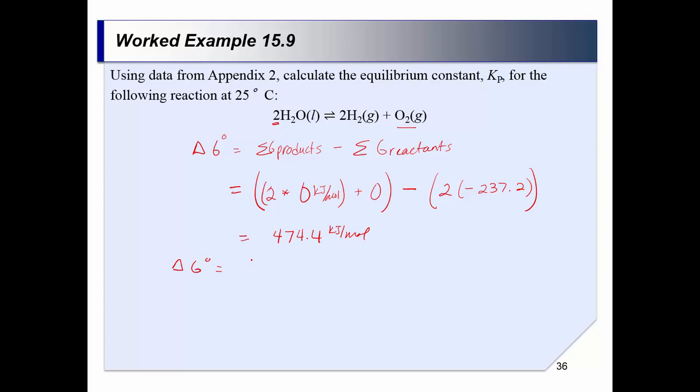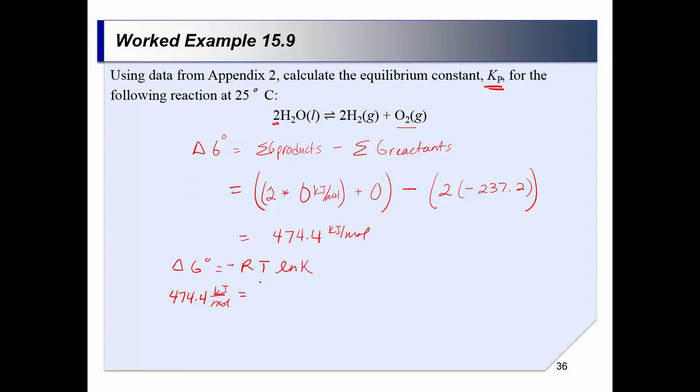Now I'm going to use this value in this equation. So my delta G naught equals negative RT natural log of K. What I'm looking for is K. So I have my delta G naught of 474.4, and I'm going to use kilojoules per mole. Now keep track of your joules and kilojoules.